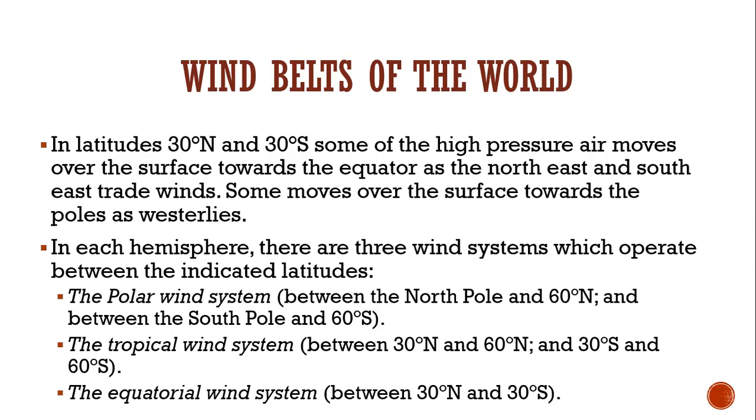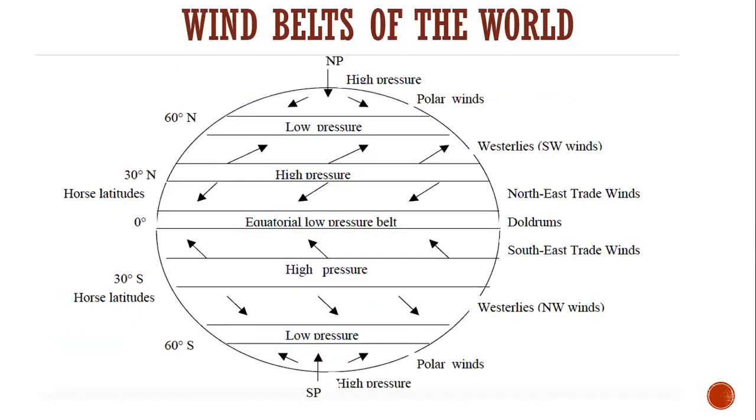And the equatorial wind system is between 30 degrees north and 30 degrees south. All this can be illustrated as follows as wind belts of the world. As we can see, there is an illustration of how winds move or blow in the various places of our world.